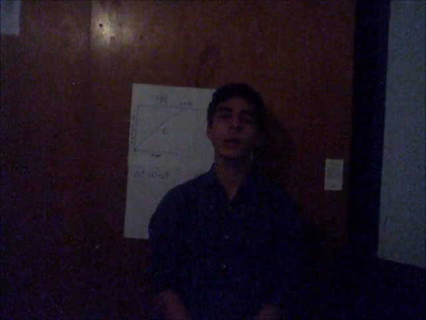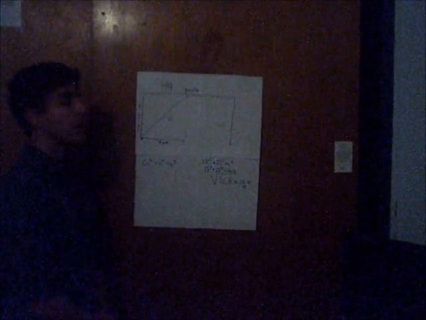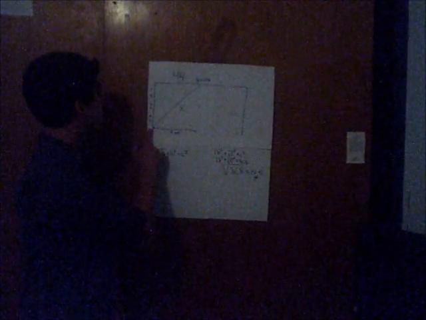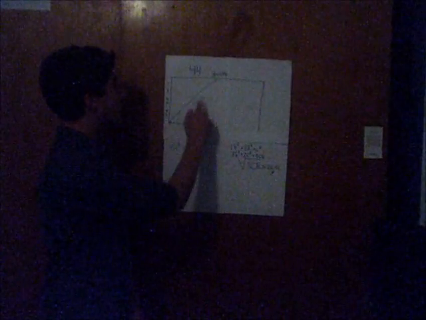In case you haven't figured out the problem, I'm going to go over it with you. Using the Pythagorean theorem, we're going to find out the length between the endpoint of the 18-yard line and the midpoint of the 44-yard line, known as side x.